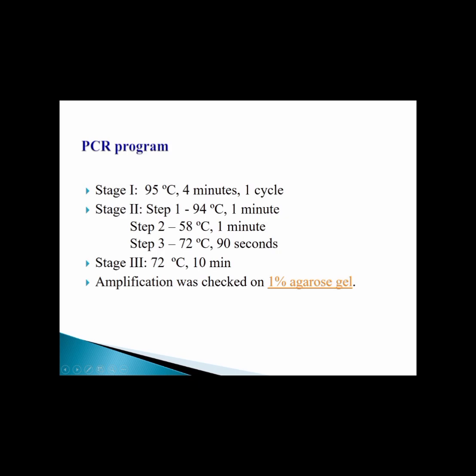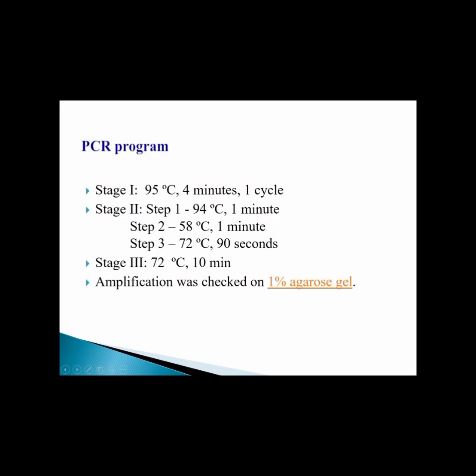This is also a normal PCR cycling parameter. We can check the amplification in agarose gel also. It utilizes very normal PCR cycling conditions. This is a typical PCR thermocycling program.